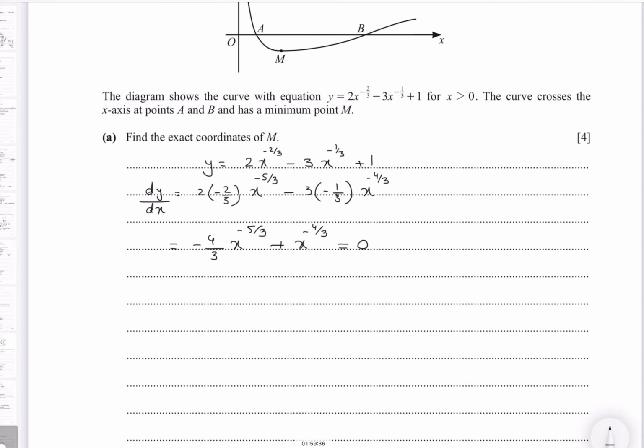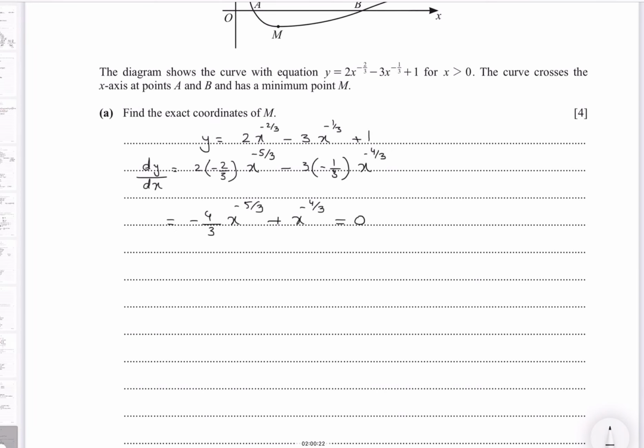From here we have to pick the common value, and you can write x to the power minus 4 by 3 as common, so it becomes minus 4 over 3 x to the power minus 1 over 3 plus 1 equals 0. So x to the power minus 4 over 3 is not equal to 0, and 4 over 3 x to the power minus 1 over 3 is equal to 1, and from here your x is 64 by 27.